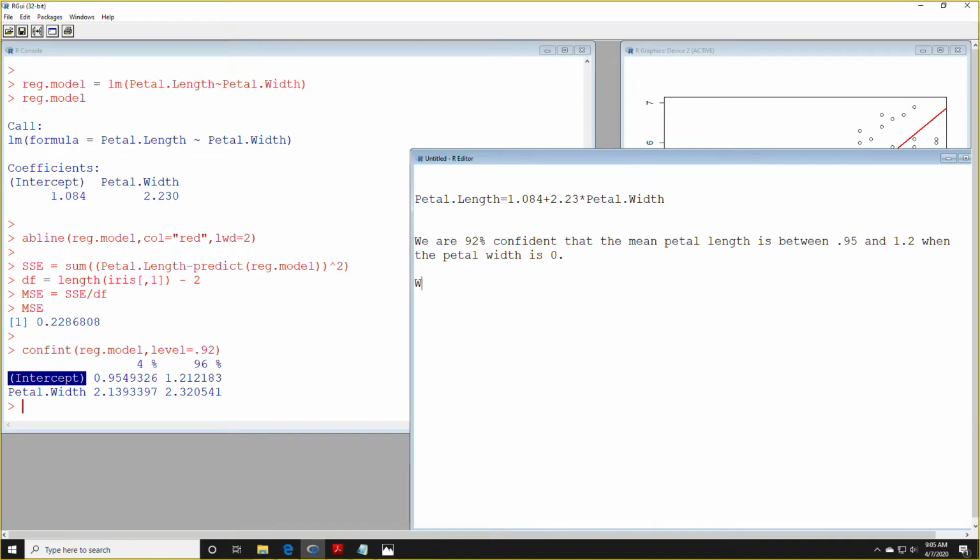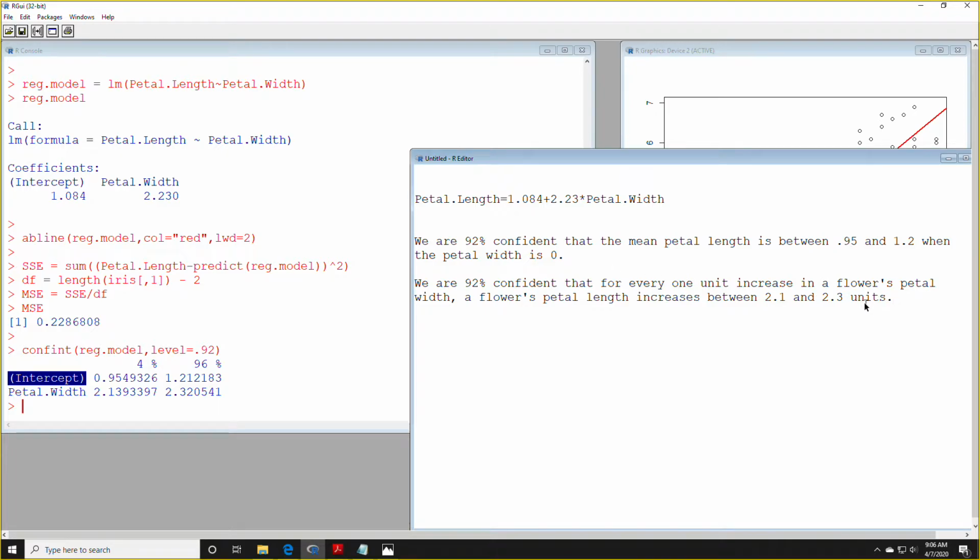So the more meaningful one is the intercept, or sorry, the slope. We are 92% confident that for every, I don't know the units, every 1 unit increase in a flower's petal width, x, a flower's petal length increases between 2.1 and 2.3 units.